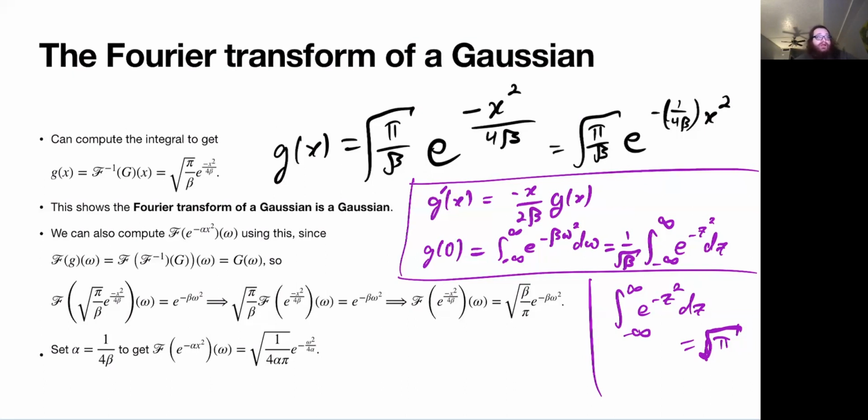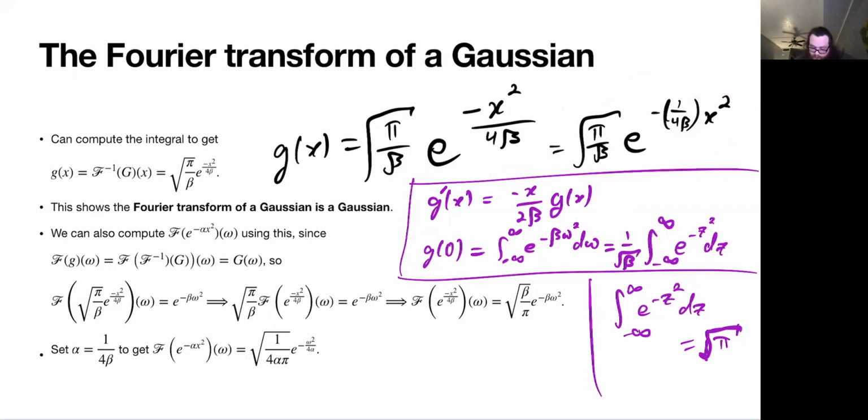Cool, but okay, great. Anyways, what you can do is say, whatever this inverse Fourier transform g is, it satisfies this differential equation with this initial condition. G of 0 is square root of pi over beta. And you can solve that ODE and get this exact same thing.